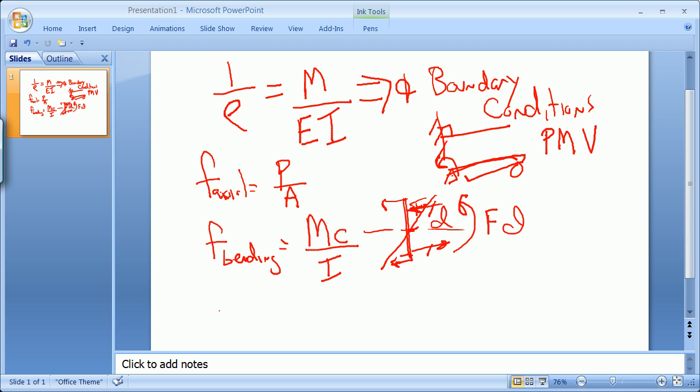We also saw that the shear stress distributes differently, and it is equal to the shear force times the first moment of the area divided by the second moment of the entire area, times the width at the section you're talking about.